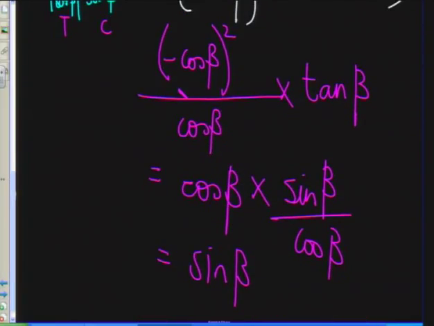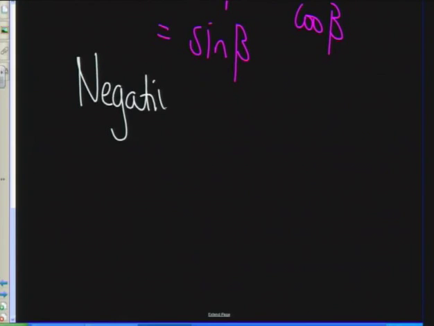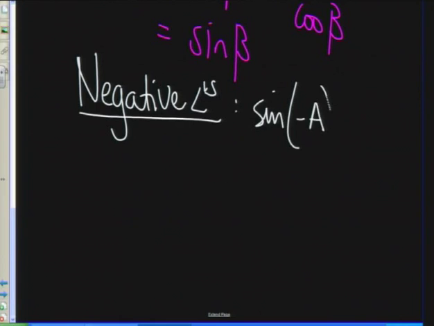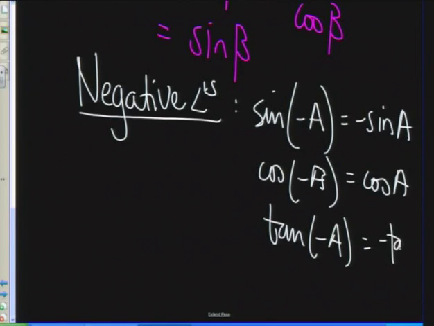So there's a little bit of theory we need to discuss, and that is what happens with negative angles. The theory about negative angles is that the sine of the additive inverse, sine of negative A, is the same as negative sine A, whereas the cos of negative A is the same as cos A, and the tan of negative A is the same as negative tan A. So if you change the angle to its additive inverse, you're changing the sign of the ratio as well.